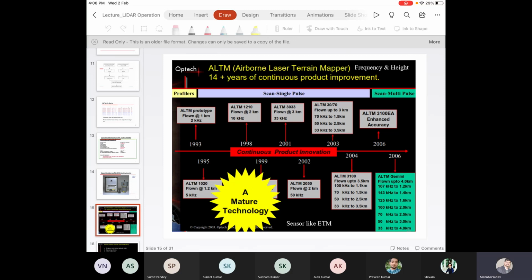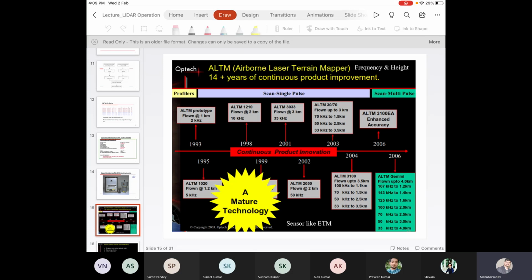And there is a relationship between frequency and height, as I have already derived a relationship between pulse firing rate and height in case of single pulse limitation as well as the multi-pulse facility in the scanner. In 1993, the first model came into the market.